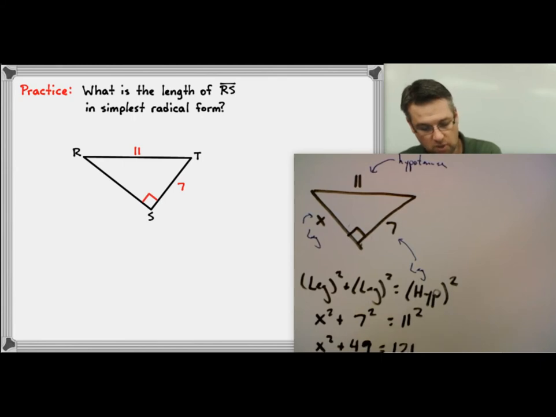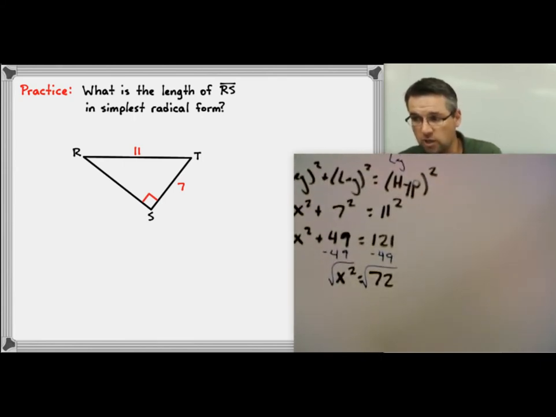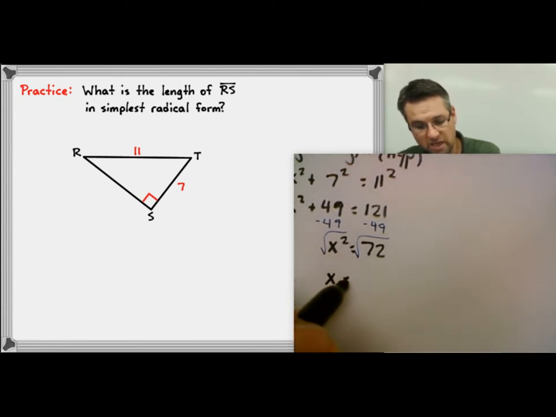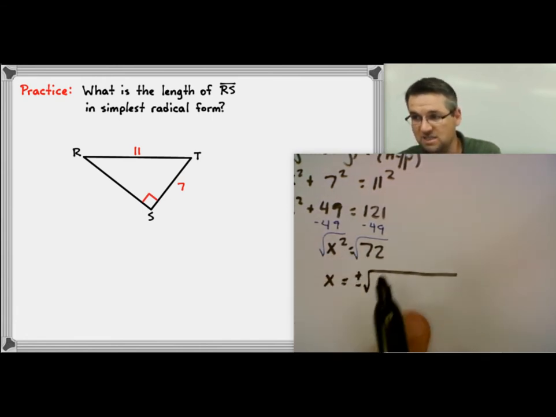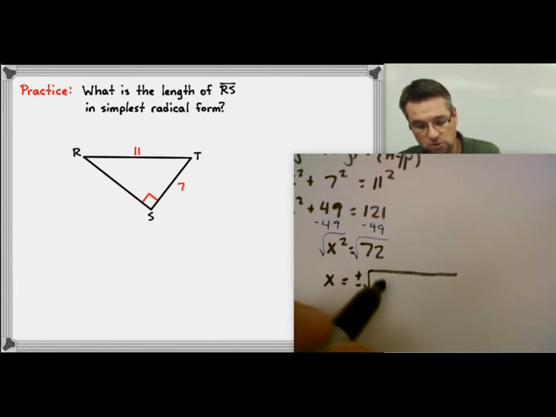And then from here, we're going to square root. And so remember, when we square root, we get plus or minus, right? We don't want to forget that plus or minus, but I'm going to talk about that in just a second. And then we're going to go ahead and simplify this radical. So we've got to find the factors.